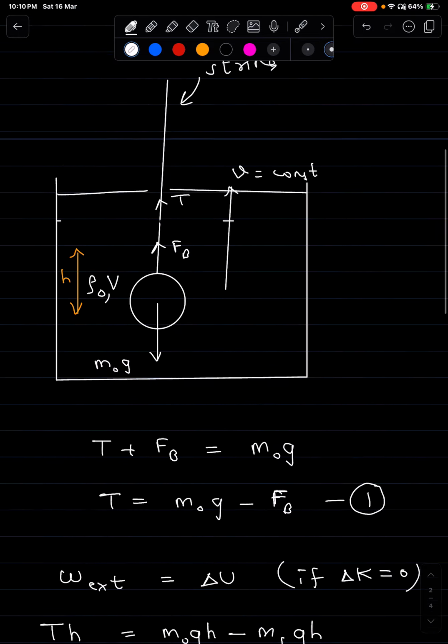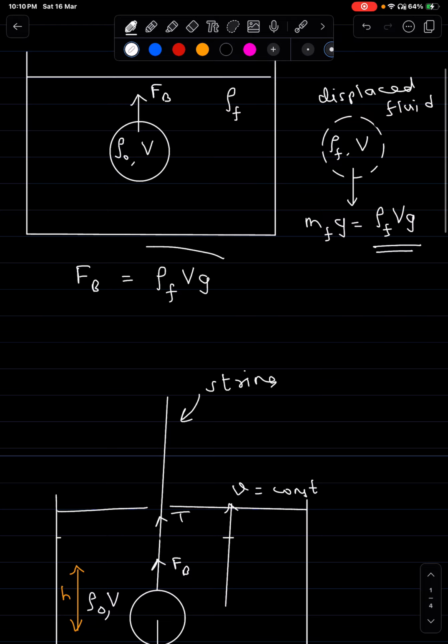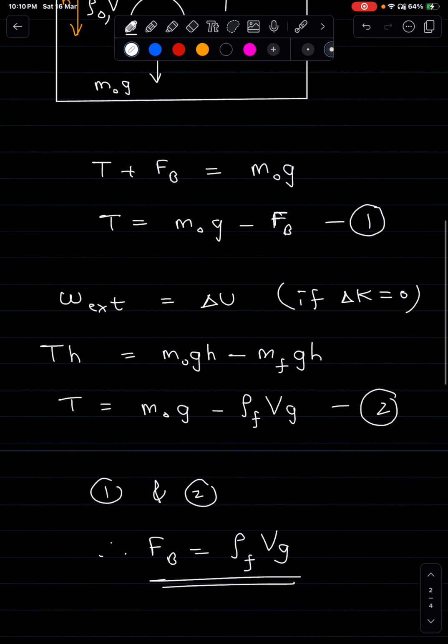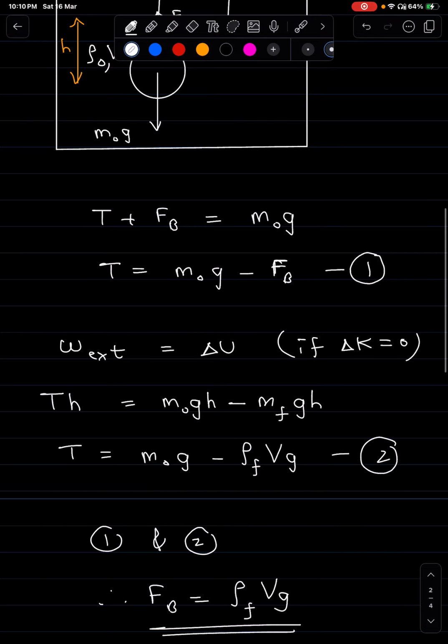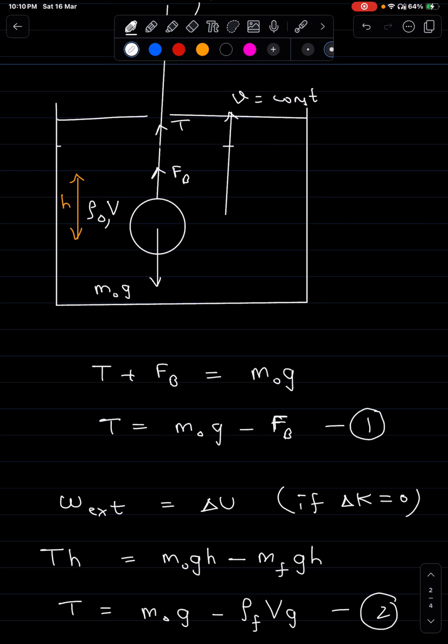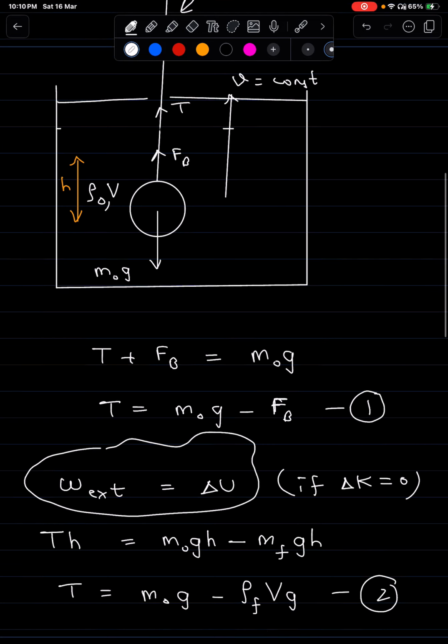That is what we had seen here. The buoyant force is rho f V g. So this is how we have shown the Archimedes principle by making use of the work energy theorem, specifically this formula: work done by the external agent is the change in potential energy if the change in kinetic energy is zero.